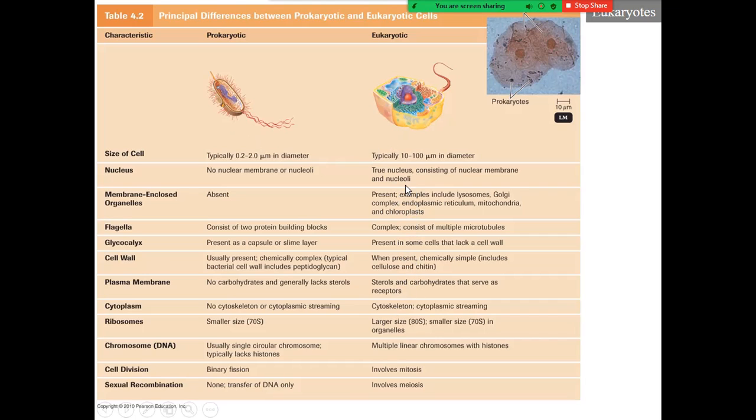Sterol also serves as strengthening this plasma membrane. Prokaryotes don't have carbohydrates in their plasma membrane. You know, that's not entirely correct. I'm going to look that up. Of course, it's on the cell wall, so maybe it isn't in the plasma membrane. And then it generally lacks sterols.